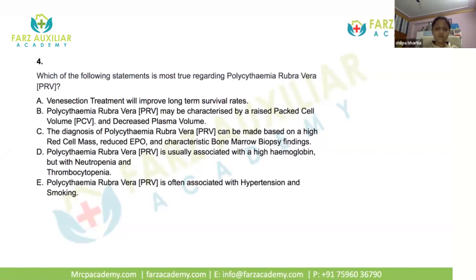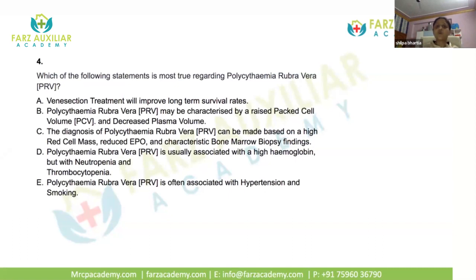The gene gets mutated and there is continuous production of red cells, and they get polycythemia when the hemoglobin is more than 18 in men and more than 16 in women, with a hematocrit that can vary anywhere between 50 to 60%. As a result, the blood is very thick and it causes all the thrombotic disorders. It can cause strokes, it can cause heart attacks.